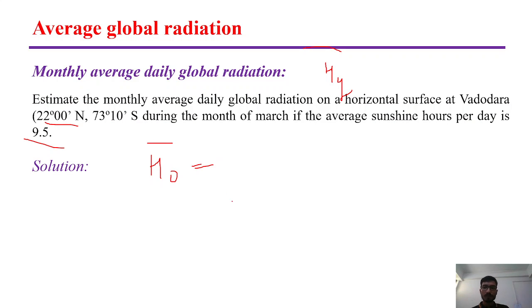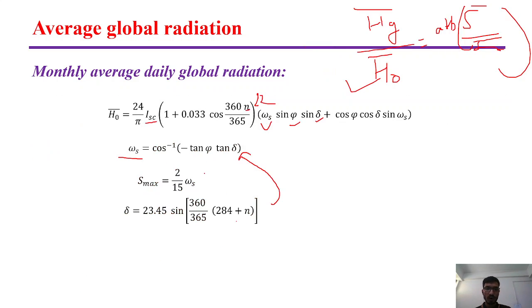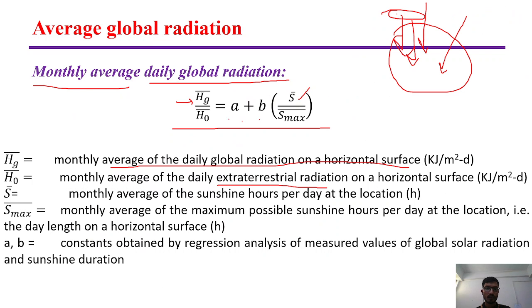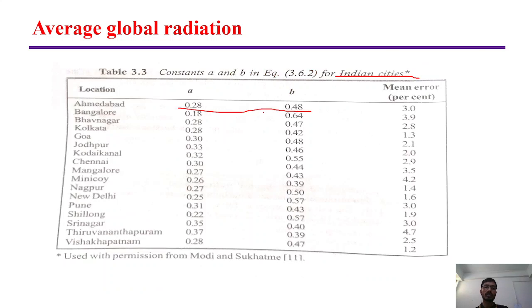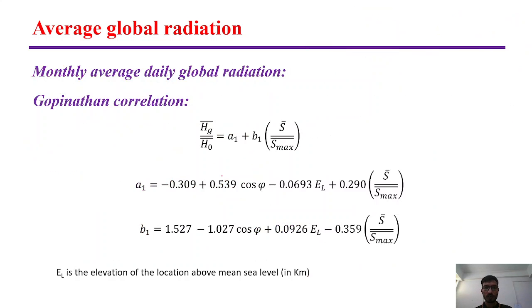So in solving the equation for Hg, we require the values of the regression constants A and B. Instead of looking in this table, these can be calculated empirically, and the empirical correlations are given. Basically three things we should know. One is the latitude phi, that is already given.